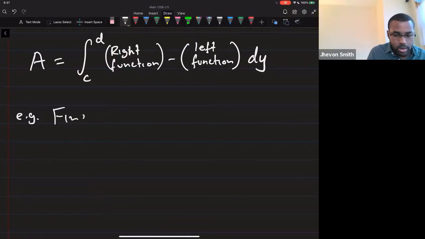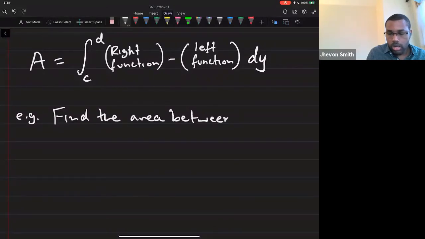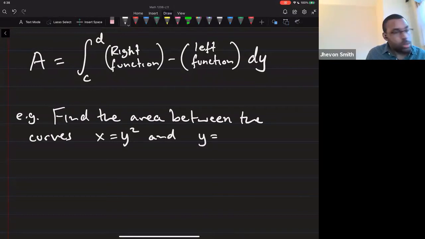Find the area between the curves, say x equals y squared and y equals x minus 2.